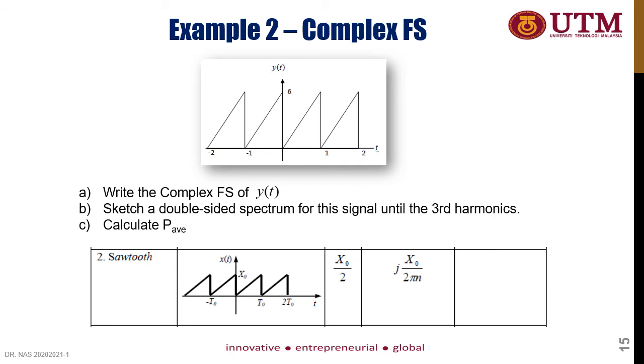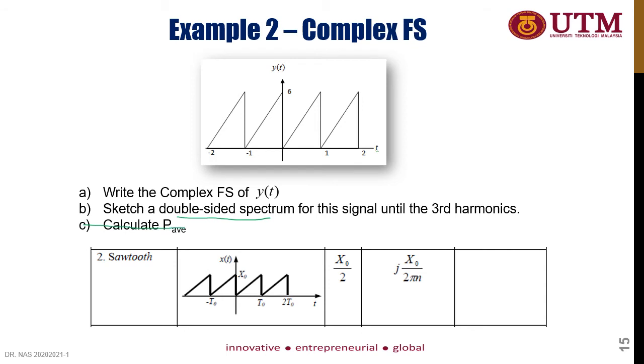So you are given these signals, then you need to write down the complex exponential Fourier series equation of y(t) and sketch the double-sided spectrum. Okay, so ignore question C for a while. We're going to discuss this in the next session.